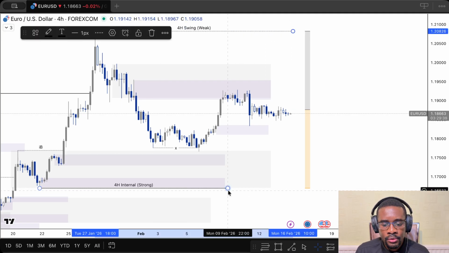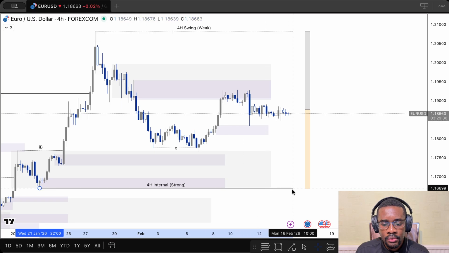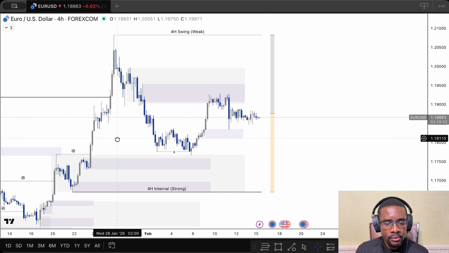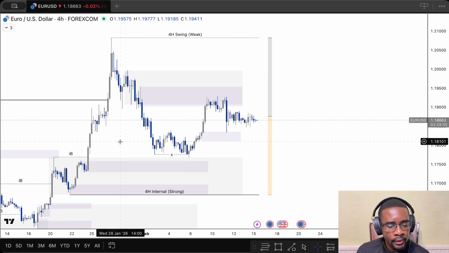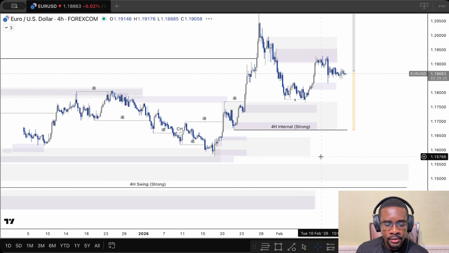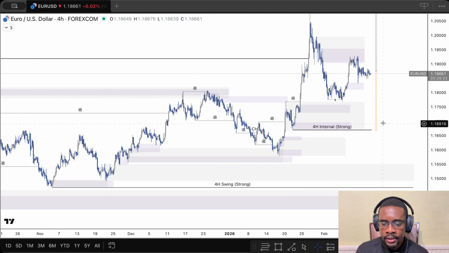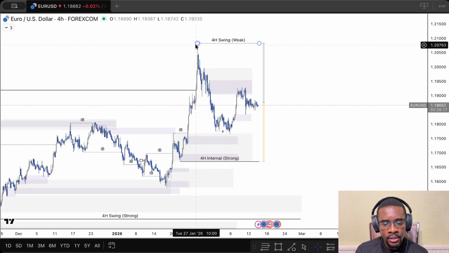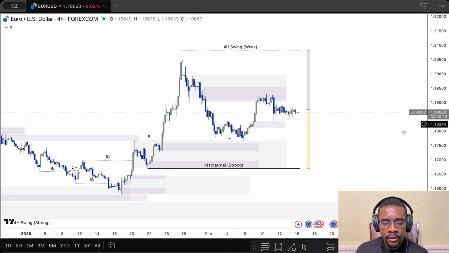This is our strong internal low. The swing is all the way down here. This is our strong swing all the way down there, and then this was our swing break, and this is the high which was created to start this pullback.